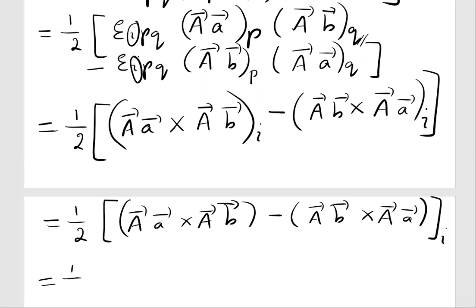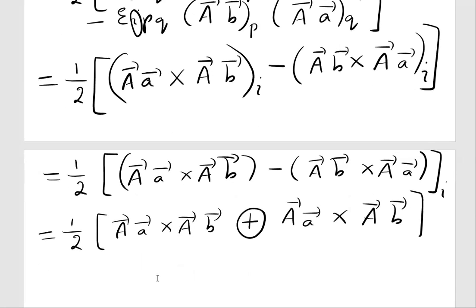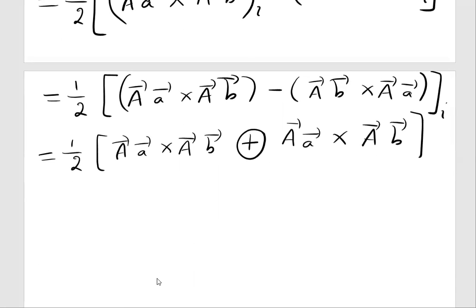And now that is equal to half. First vector will keep as it is. Now can you guess the next step, guys? Okay, now second one, interchange. So what is happening to the sign now? It is becoming plus there. Correct? We know B cross A is nothing but minus A cross B, right? Now that is equal to, for the whole thing, of course, I as it is.